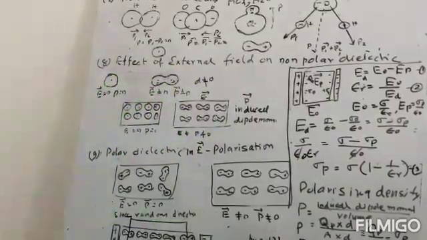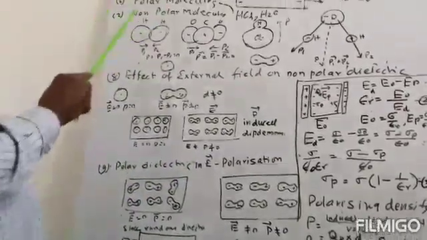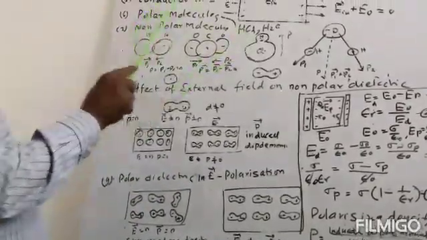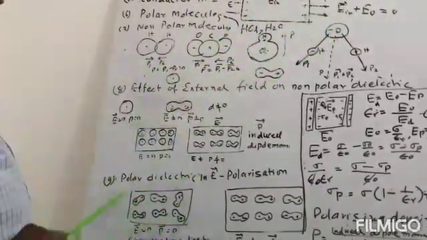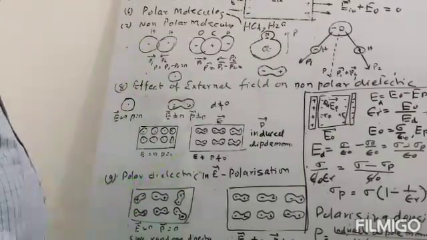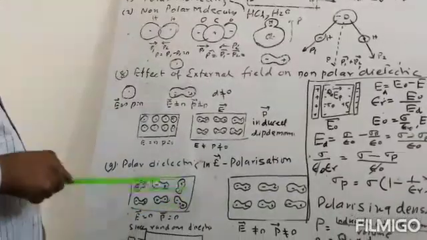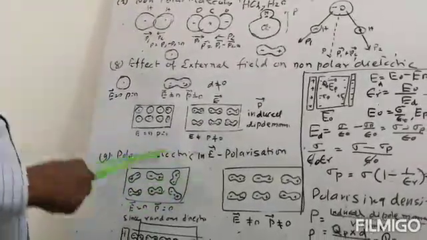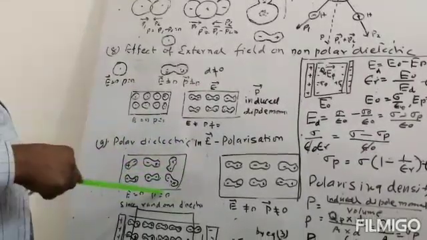Now for the polar dielectric. As we have considered for polar, we have considered HCl and the water molecule. Now if we take a polar dielectric, then in the polar dielectric there will be dipoles, and the dipoles are random. They are not in a particular direction; they are in random directions.